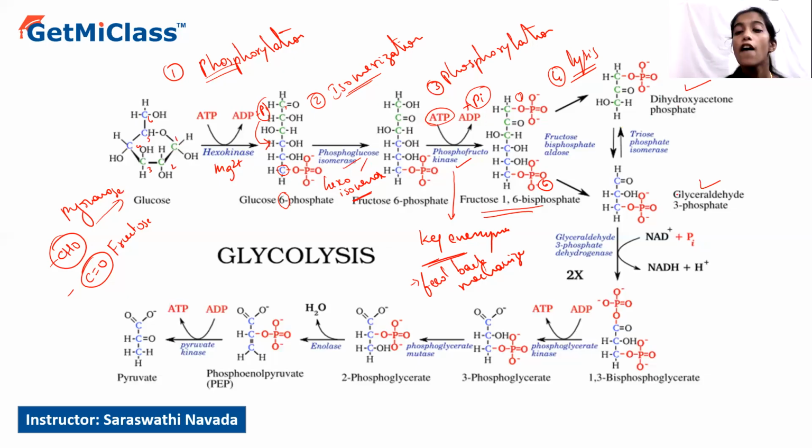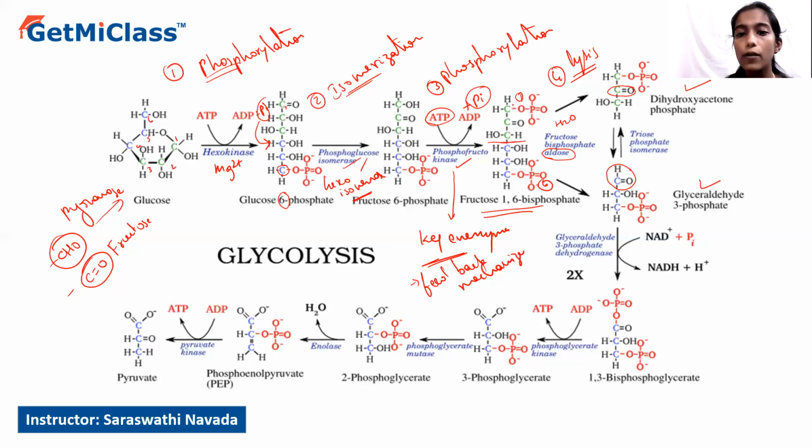So glyceraldehyde 3-phosphate is the aldose sugar, whereas dihydroxyacetone phosphate is the ketose sugar. So this fructose 1,6-bisphosphate, in the presence of a water molecule and the enzyme fructose bisphosphate aldolase, or simply aldolase, will split the 6-carbon compound into 3-carbon sugars.